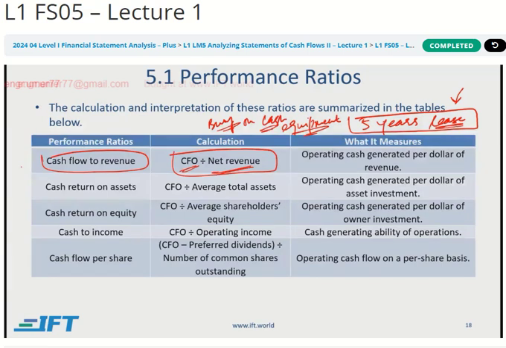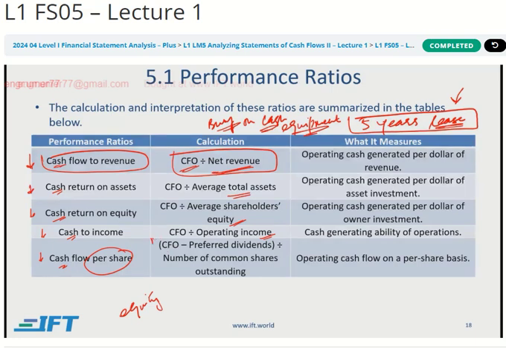And as an analyst, if you are investing in a company or analyzing a company, whether to recommend debt investment in it or equity investment in it, you have to be sure that if any of these ratios are low, which means cash is low, then there needs to be a justification for that, whether it is cash flow from operations compared to net revenue or total assets or just the equity or the operating income, which is your EBIT, or the cash flow per share, where instead of net income we take cash flow from operating activities.